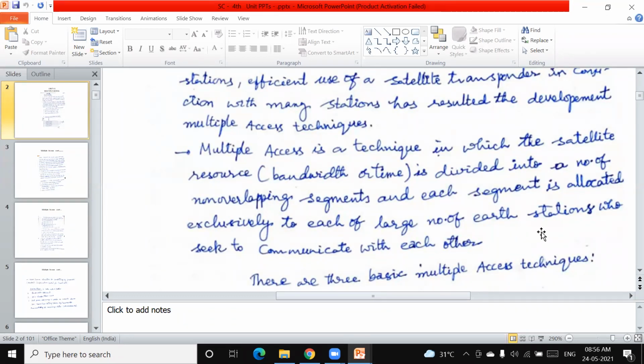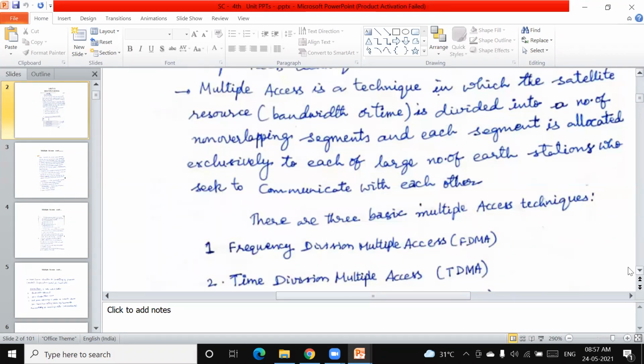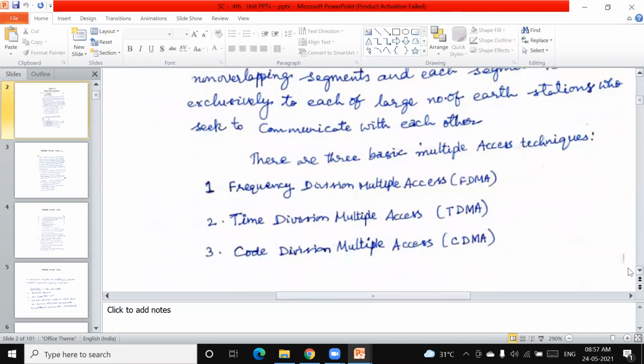The total bandwidth of the satellite is divided into segments, and each segment is specifically allocated to a group of earth stations, which can communicate with each other without any interruption.